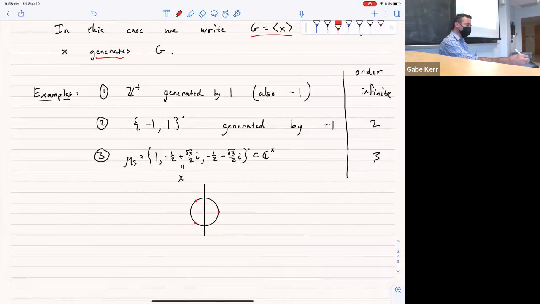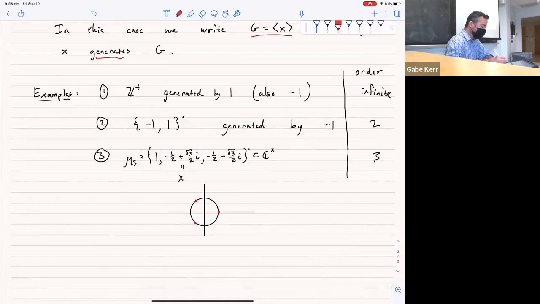If I square this element, it goes to here. In other words, I take this times itself, it goes here. I square again, I go here. I go back to the identity. As I said, this is a 120-degree rotation: rotate by 120 and rotate by 120 again. If I rotate again, I get the identity.